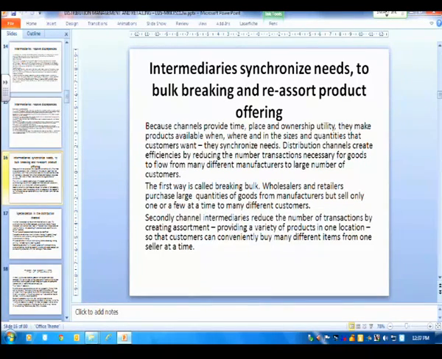Secondly, channel intermediaries reduce the number of transactions by creating assortment. This is where we are providing a variety of products in one location so that customers can conveniently buy many different items from one seller at a time.